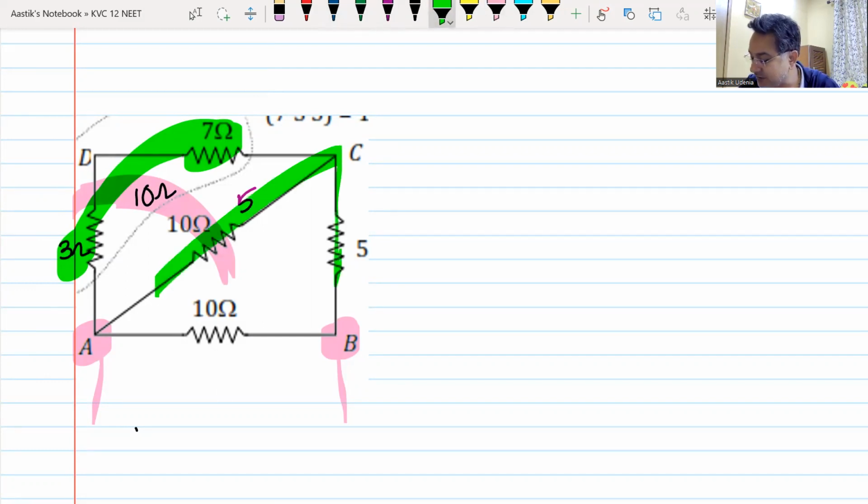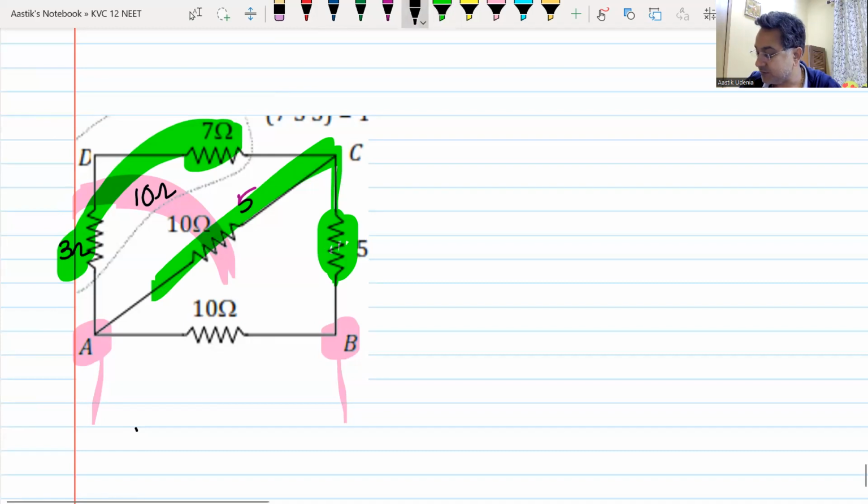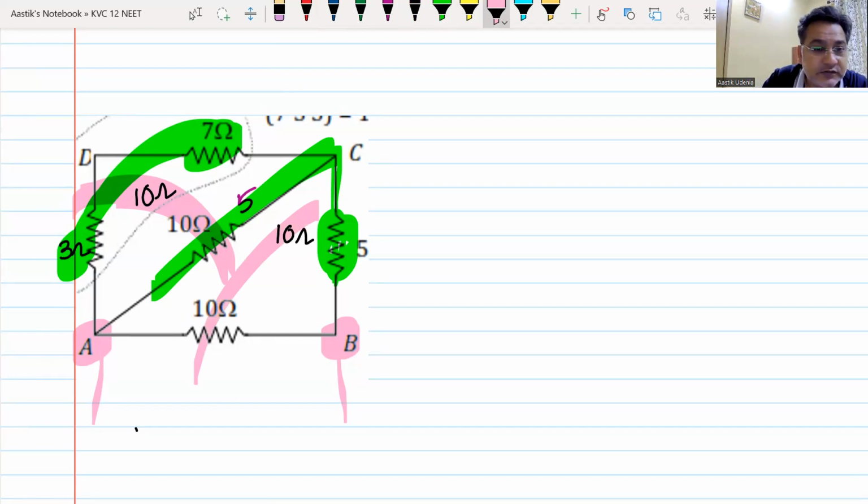Then this 5 and this 5 are in what type of combination? Series combination. So it becomes how much? 10 ohms. Then this 10 and 10 are in parallel combination, so the answer becomes 5 ohms. Well done. Good one.